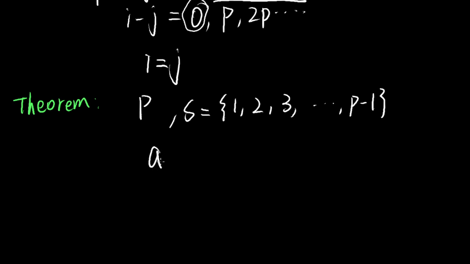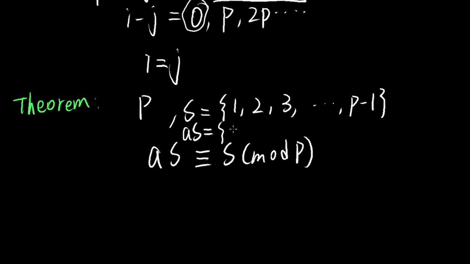And we know that a, any a that is co-prime to p, times S should be congruent to S mod p, which means the set of a, 2a, 3a, up to (p minus 1)a, those two sets have the same remainders modulo p.